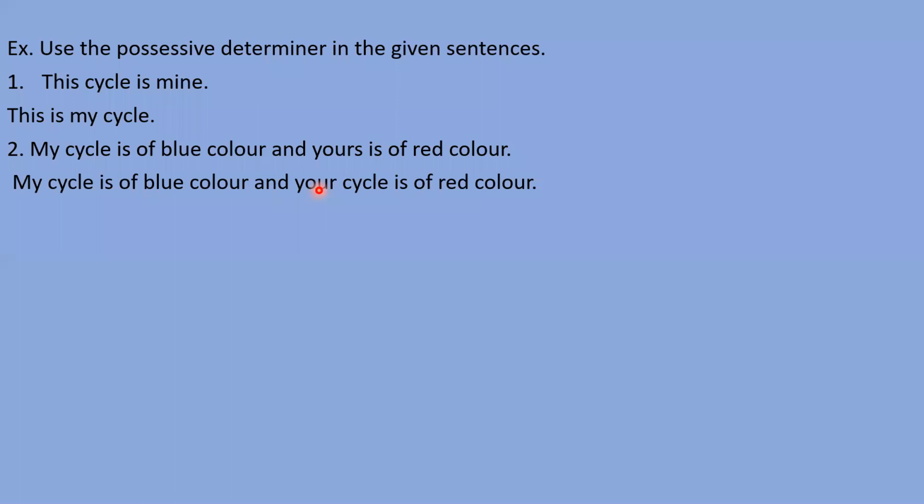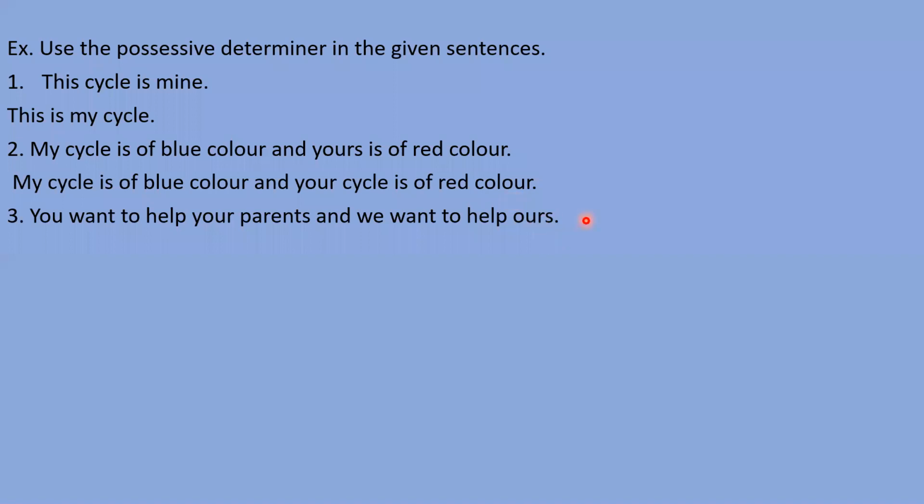Come on, the third sentence. You want to help your parents and we want to help ours. So instead of ours, what can you write here? According to the sense of this sentence, you want to help your parents and we want to help ours. Ananya, please tell me what can be the answer. You need to change this word, ours.